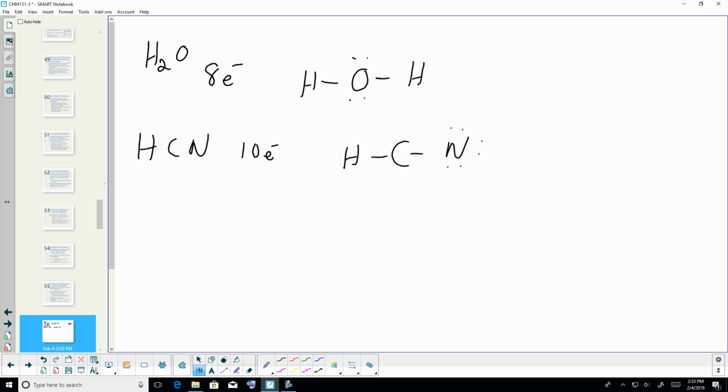So it needs how many more? 4. Where do I get them from? Where's the only place I can get the electrons from? The nitrogen. And I need 4 of them. So I'm going to take these 2 and these 2. So now I got a triple bond. Triple bond is 6. So now carbon has 8, nitrogen has 8, and hydrogen has 2.